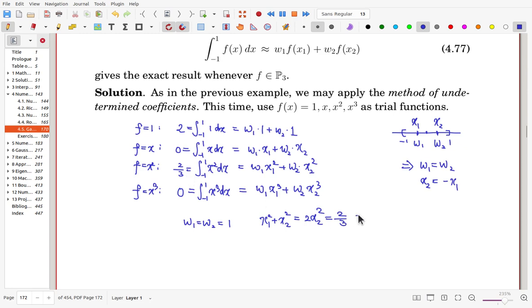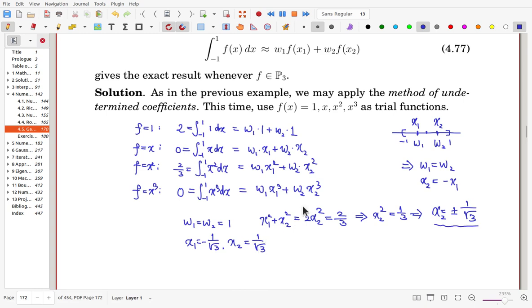So x2 squared is 1 over 3, and x2 is plus or minus 1 over the square root of 3. So we can choose x1 as the left point, minus 1 over the square root of 3, and x2 as 1 over the square root of 3.